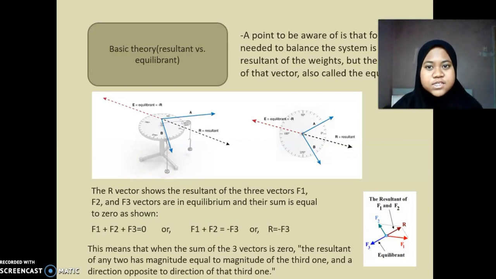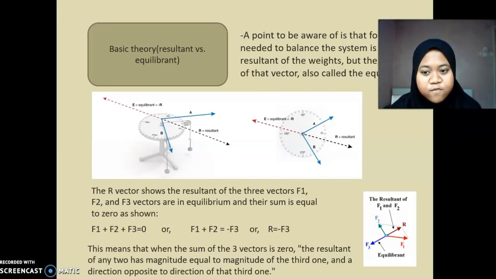Basic theory, resultant versus equilibrium. A point to be aware of is that the force needed to balance the system is not the resultant of the weights but the negative of the resultant, also called the equilibrant. The diagram shows the resultant of the three vectors F1, F2, and F3. The vectors are in equilibrium and their sum is equal to 0.